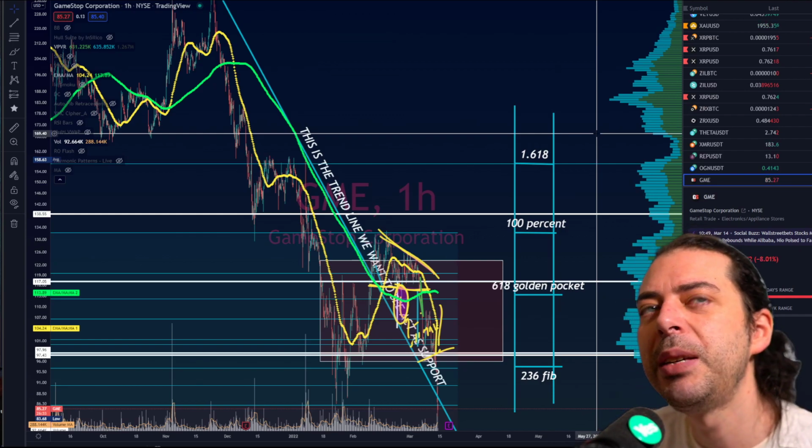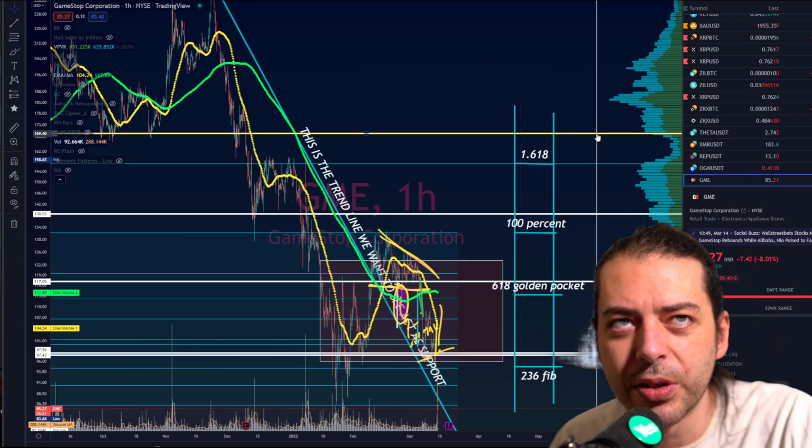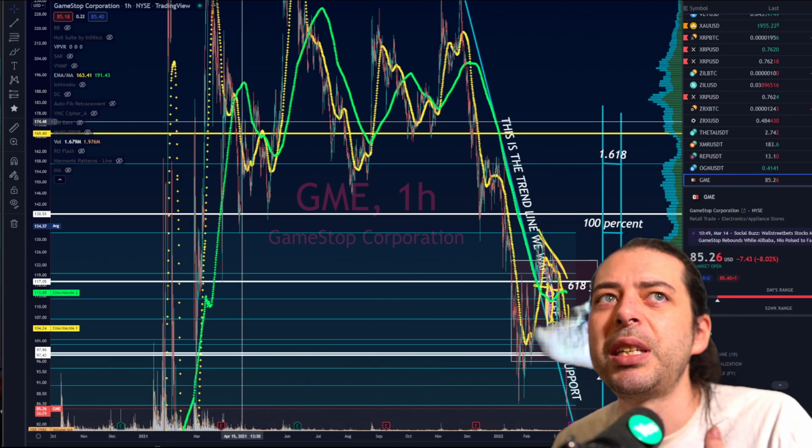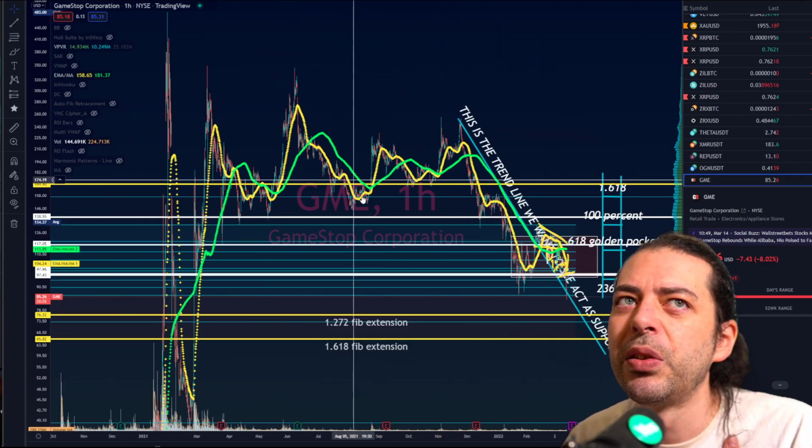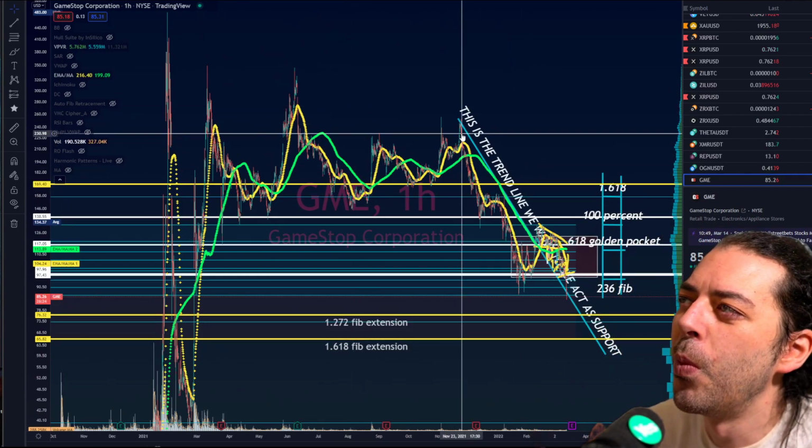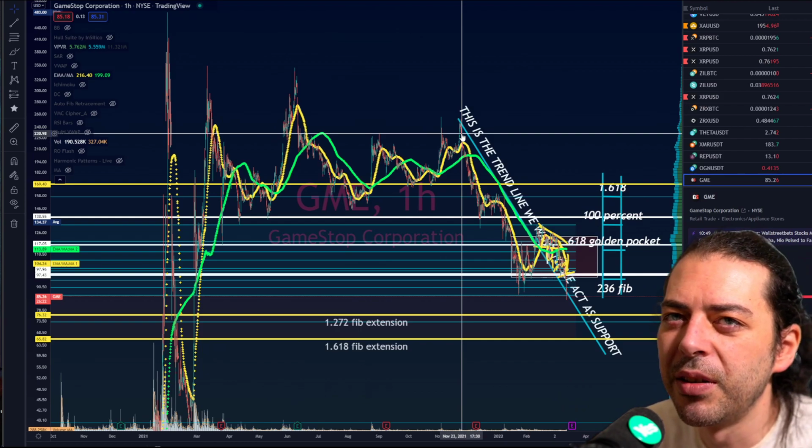$168-69. And when we see prices go to that price point, if I just put in a horizontal line here and scroll over to the left, you can see that this very much takes us back into what would be glorious, positive territory.